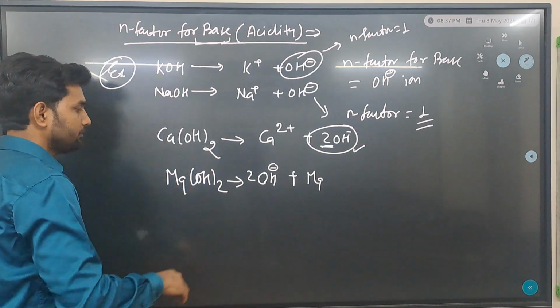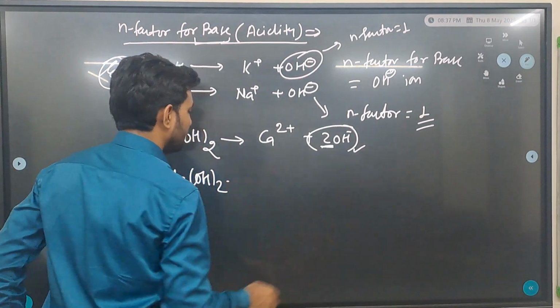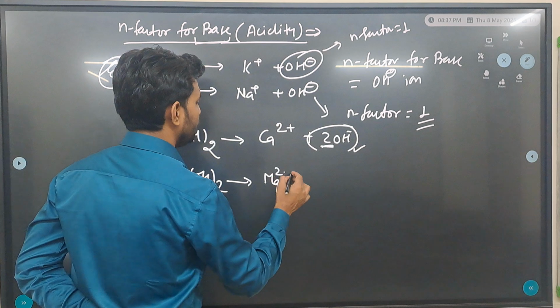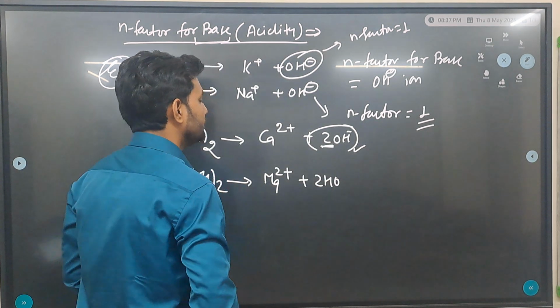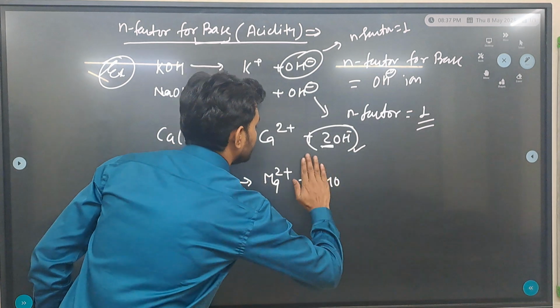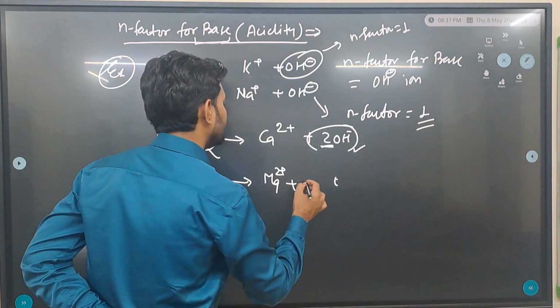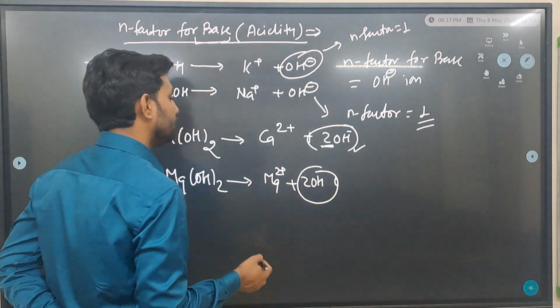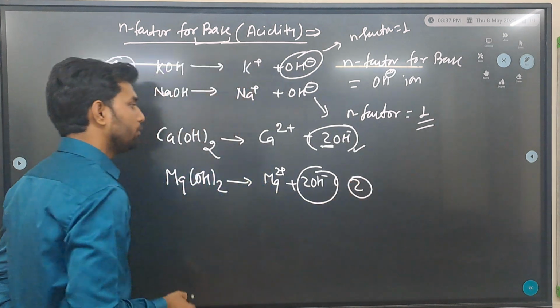Okay. In case of Mg(OH)2, it gives Mg2 positive plus 2 OH negative. So the n factor is equal to 2.